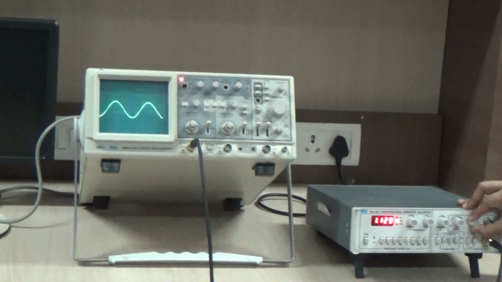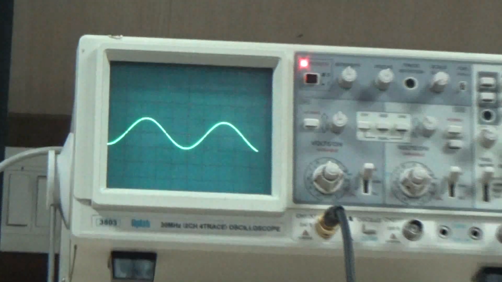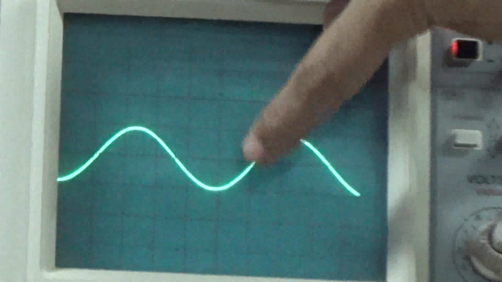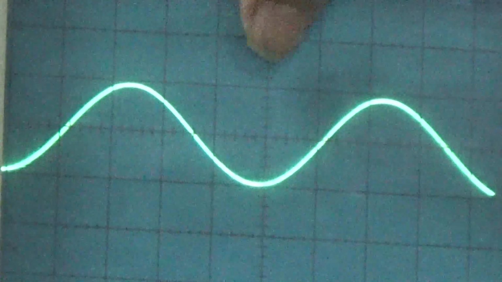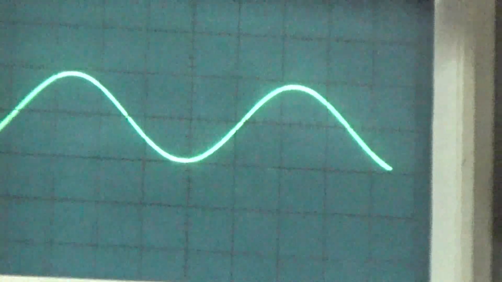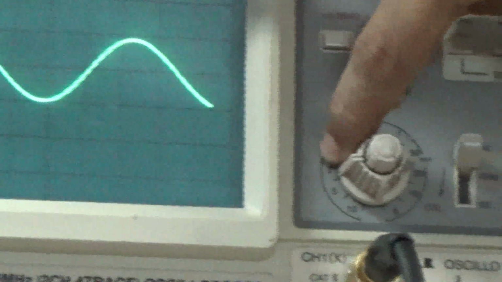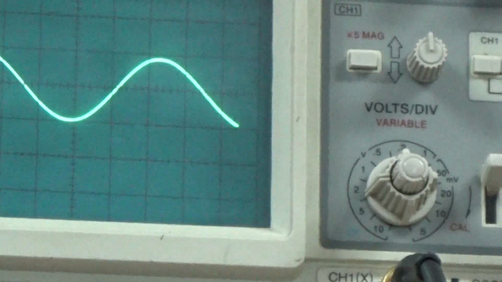So just adjust it to 2. Approximately it is 2, 1 block down and 1 block above. So this is 2 blocks, so 2 divisions. 2 into 2 will give you 4 volts peak to peak. So this is how you set your amplitude.